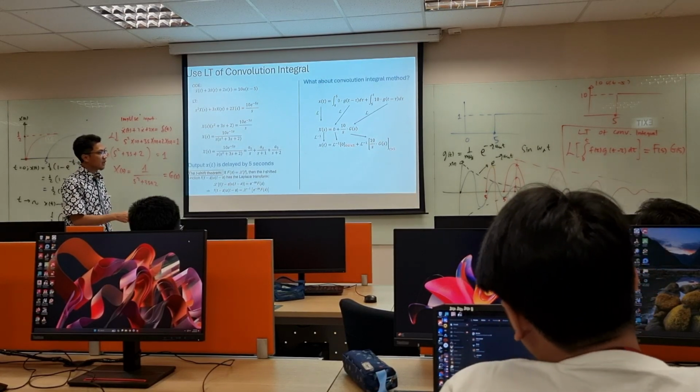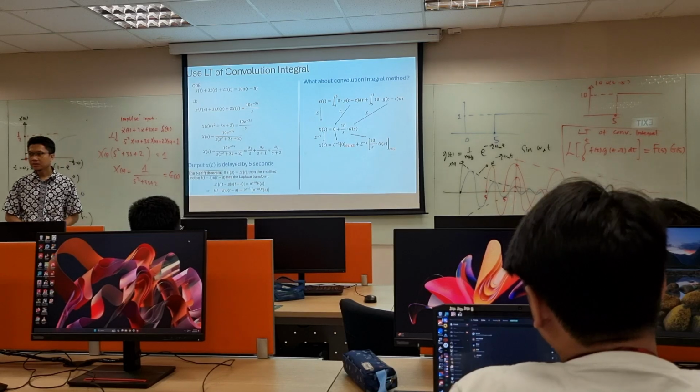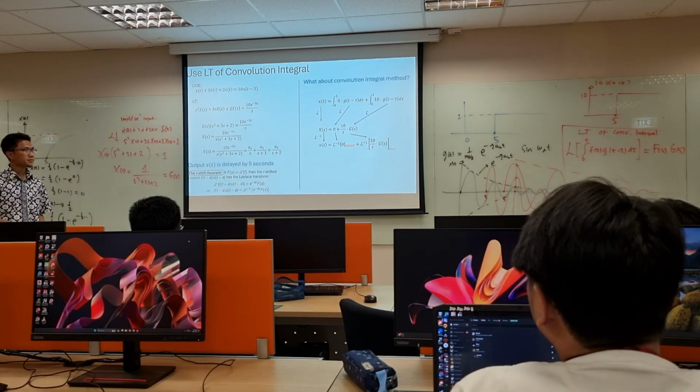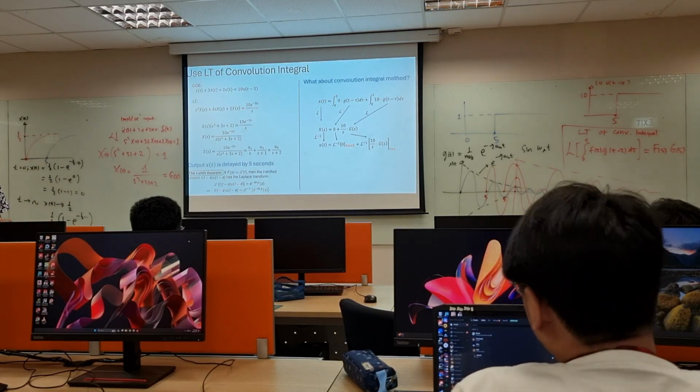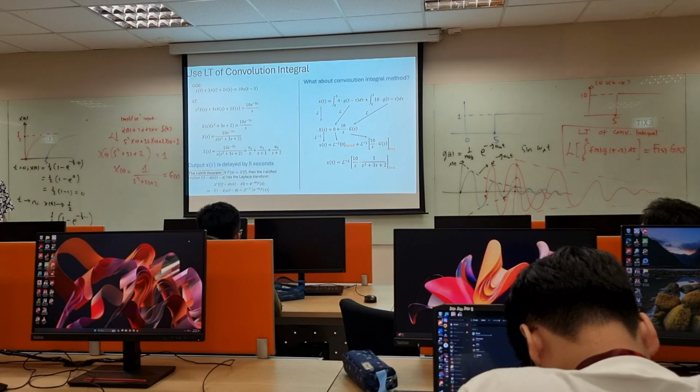This is actually saying the same thing as in here: 10 over s multiplied by 1 over s squared plus 3s plus 2. Only that the delay term, we don't have it here.